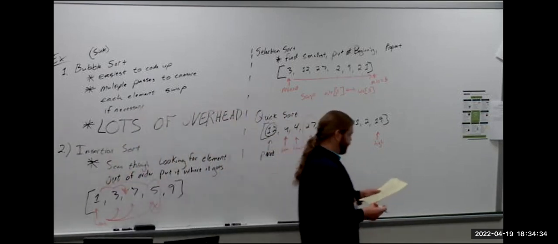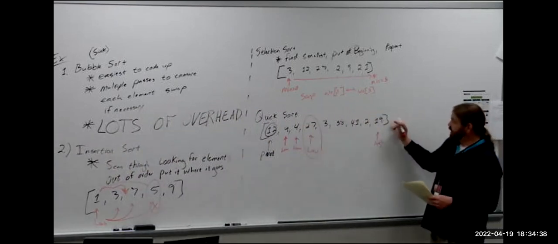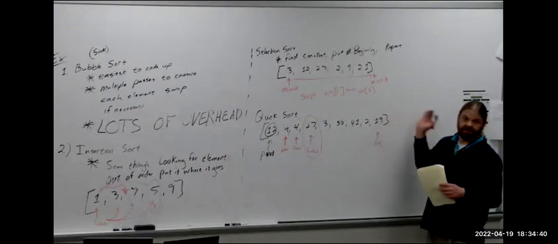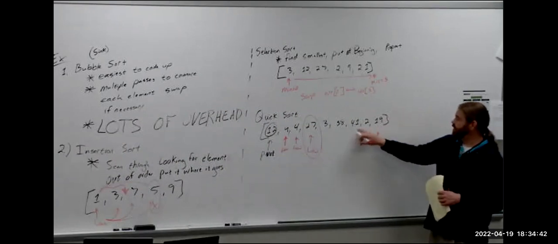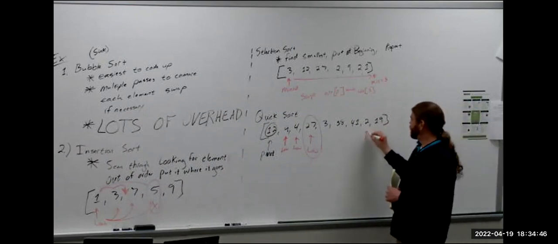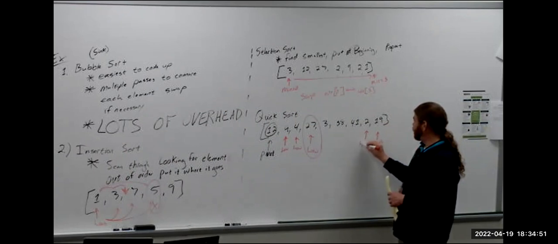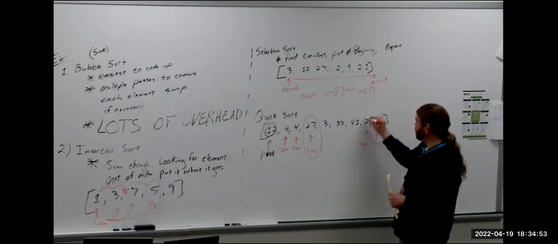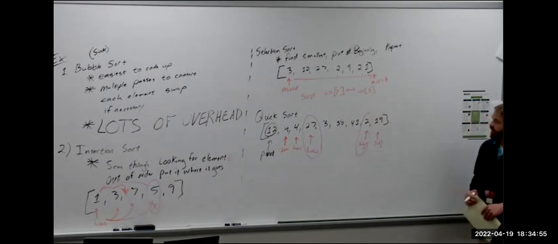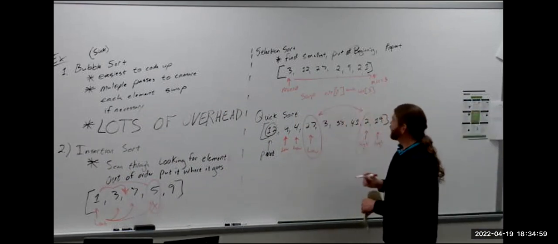At the same time, our high value needs to go the other way. It's like the other side of the pivot. So it goes down until it finds something smaller than the pivot. In this case, it walks one spot over and is like, okay, that should be on the other side of the pivot. And then those 2 get swapped.